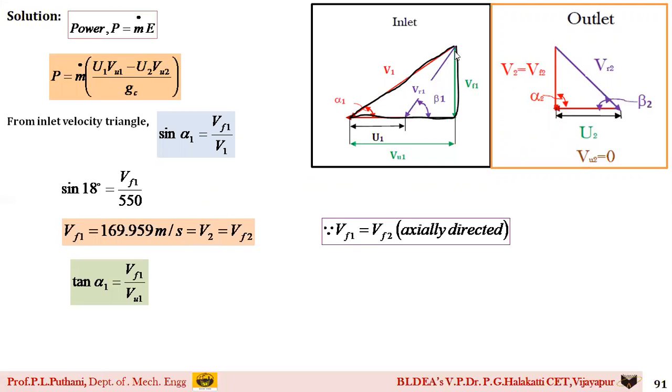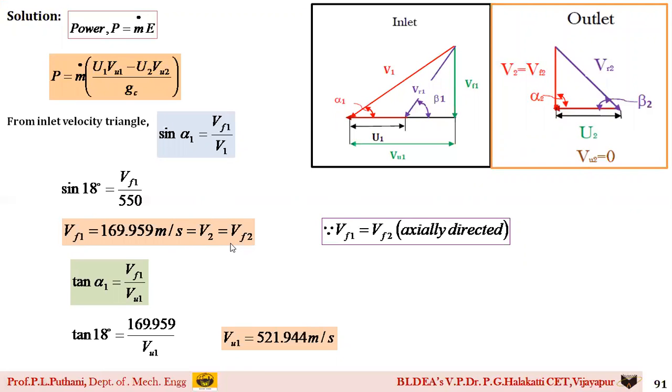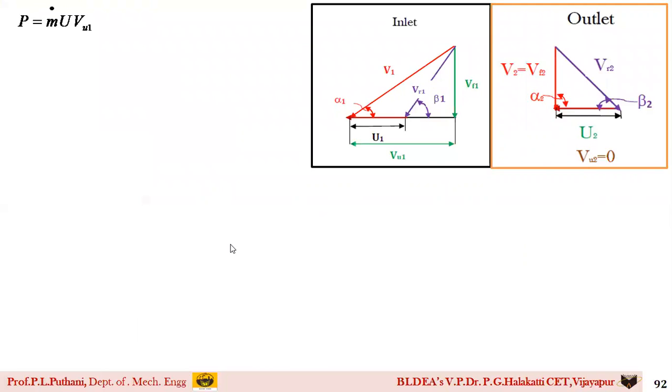Similarly, for the same velocity triangle, I prefer tan alpha 1, where I will get the value of VU1 using this particular trigonometric function. And I write that VU1 is equal to 521.944 meters per second. Next, P is equal to m dot U VU1, as we know that in the outlet velocity triangle, you can see here that it is mentioned that VU2 is equal to 0.